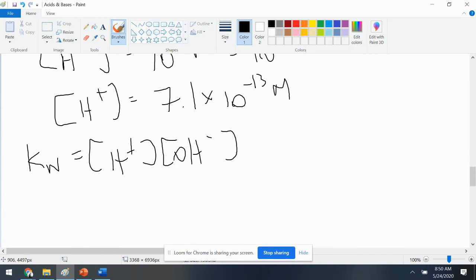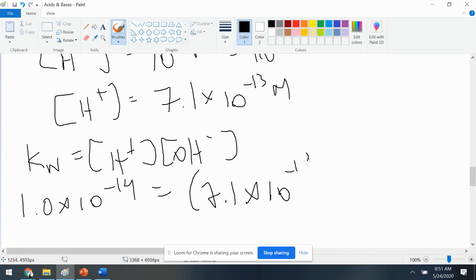What is Kw from last time? Based on experimental value, it's 1.0 times 10 to the negative 14. Set it equal to 7.1 times 10 to the negative 13 times the concentration of OH, and I'm going to solve for it, because we're trying to figure out how much OH we have in this solution.